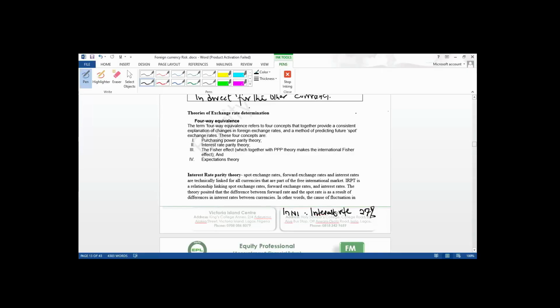We have what we call the four-way equivalence. There are 4 theories that provide consistent explanation for changes in exchange rates.